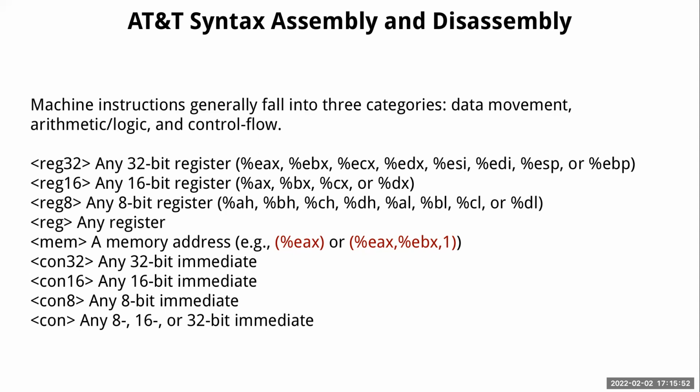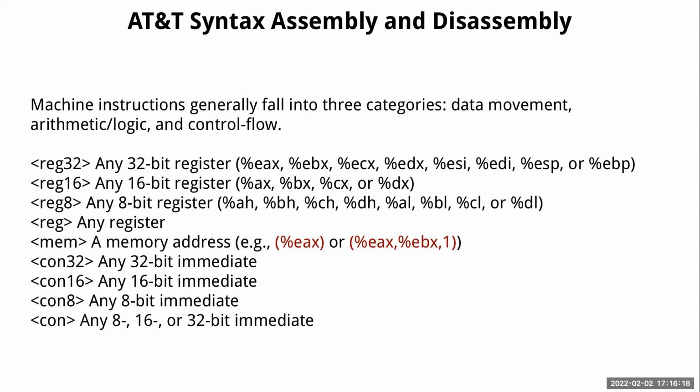But you should know that there's also Intel syntax, and you should be able to tell their difference. So if you see a piece of disassembly code which is in Intel syntax, you will not get confused. Some of the tools we are using can generate both Intel and AT&T syntax, so you can choose.